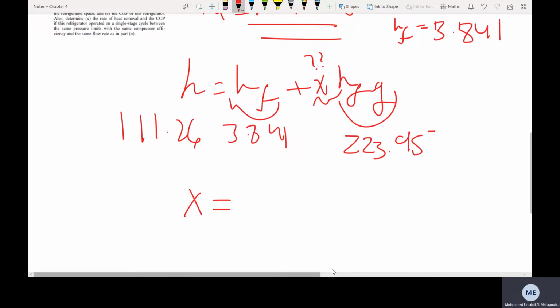Just let me check it. The x is going to be... okay, yeah, so 111.26 as we found it, or 0.25, depending on the version of your table. There is a slight difference in the refrigeration data from I think the 7th edition and the 8th edition.